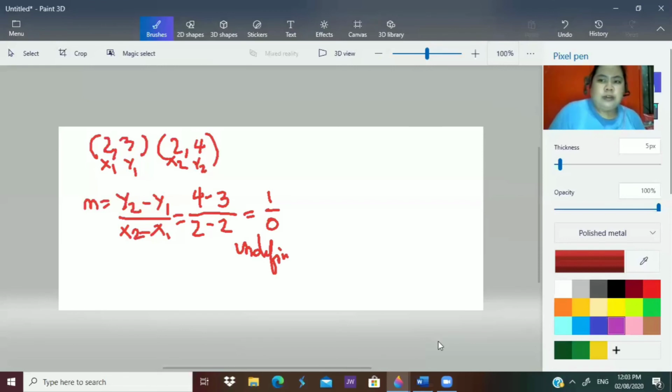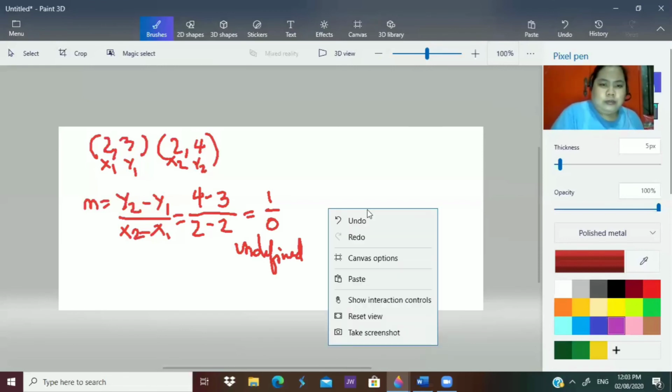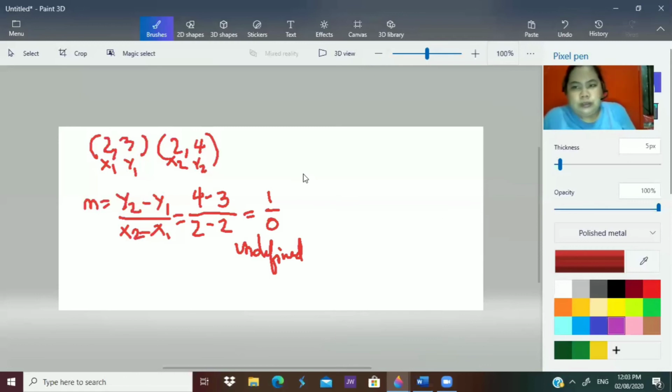Bakit undefined? Because your divisor is 0. Alam natin, sa rule ng division, kailangan ang divisor mo is any real numbers except 0. So, pwedeng negative, pwedeng positive. So, ang 0 kasi, you cannot define kung positive siya or negative. Kaya ang nagiging resulta, kapag nagiging divisor siya, nagiging undefined yung ating answer.